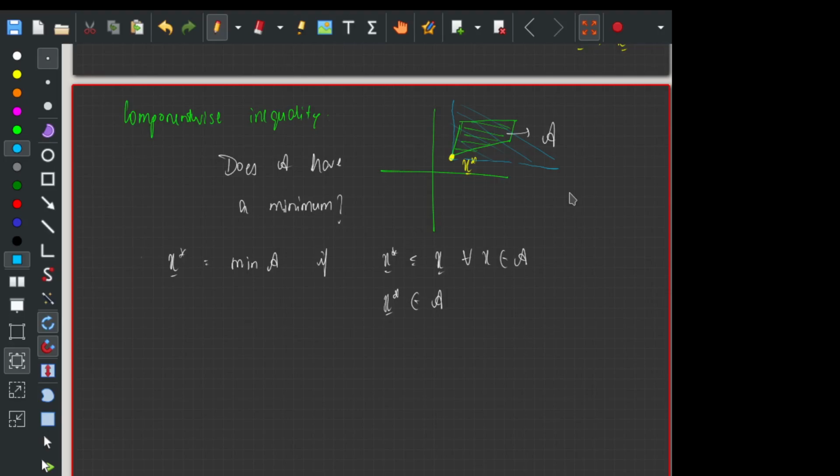Exactly, when x star plus K contains the entire set A. Right?